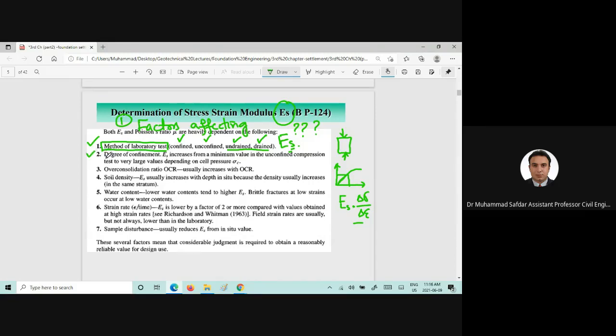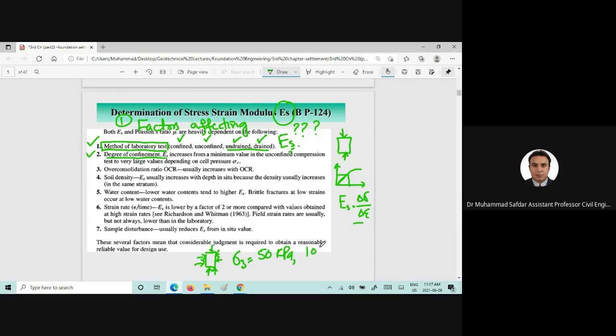Now, the second is the degree of confinement. If you remember in the triaxial test, we studied that if a soil specimen is confined, with sigma 3 of 50 kilopascal, the stress strain behavior would be different.